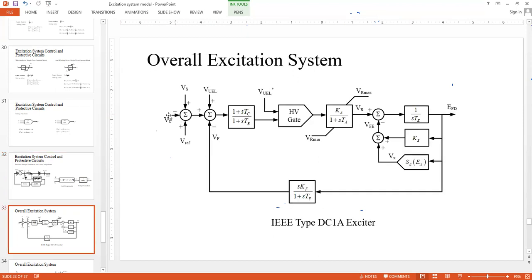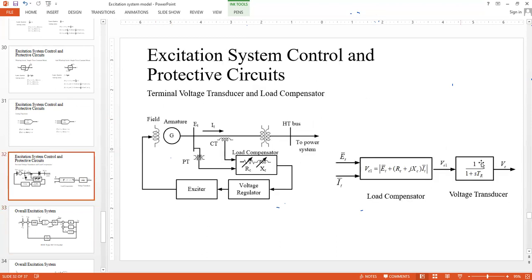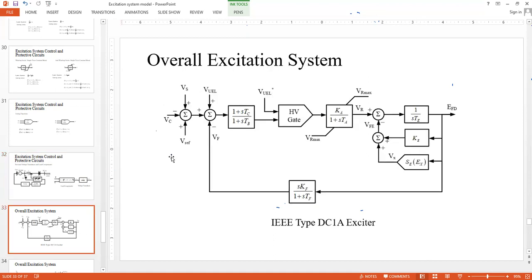So that VC is coming here. In simple language, this is the voltage that you are trying to control. Whether it is through the transducer, whether it is through the load compensator, that is your choice. But this is the voltage that you are trying to control with the help of your excitation system.